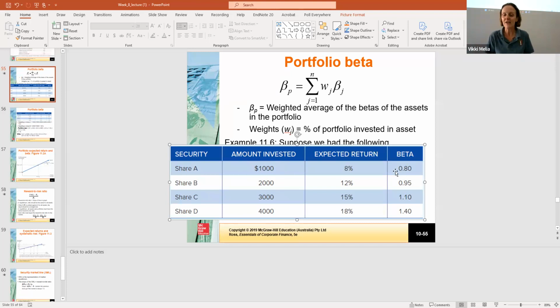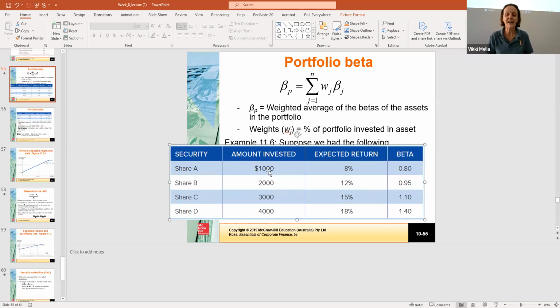So 10% multiplied by 0.8, plus we've got 20% of our money in share B multiplied by 0.95, plus 30% of our money is in share C multiplied by 1.1, plus 40% of our money is invested in share D multiplied by 1.4.